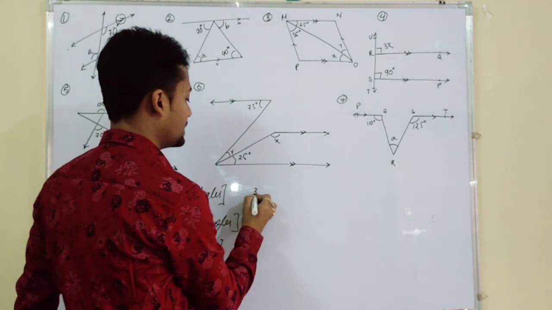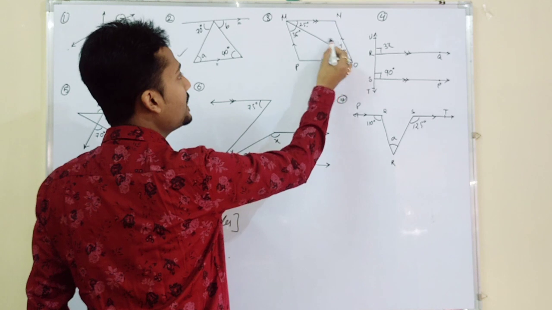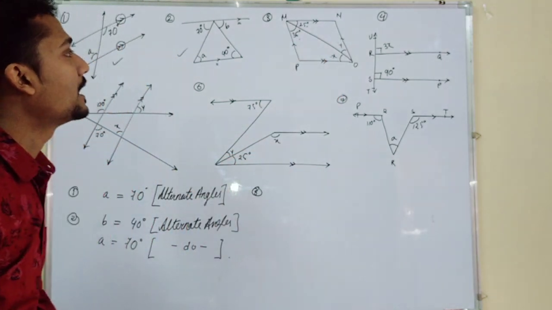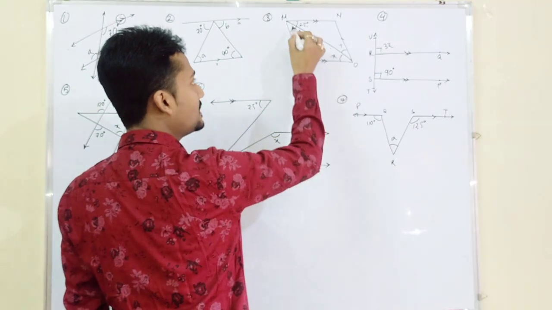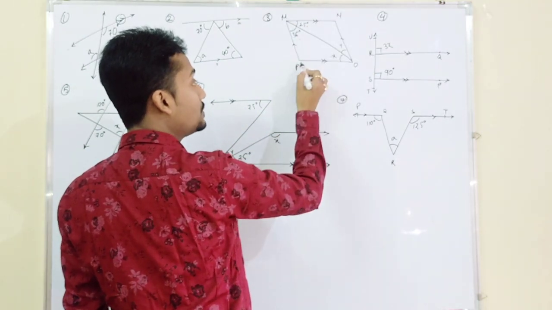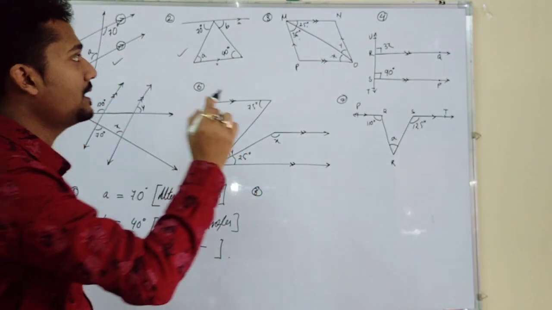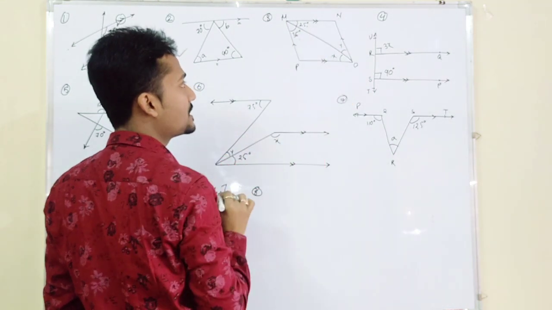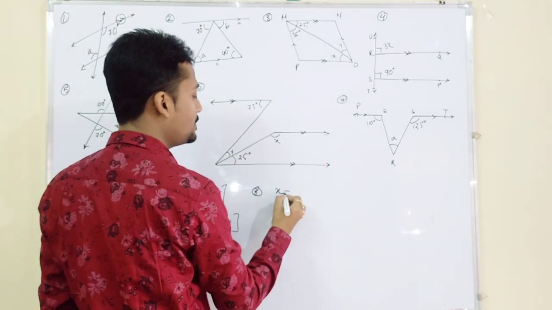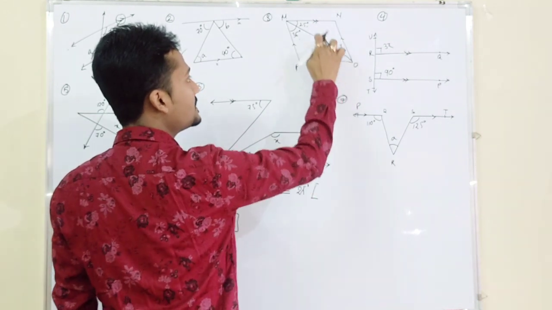Now question number 3. See, this is 25 and this is x. This is y and this is 35. So here in this figure MNOP, we can clearly see that MN is parallel to PO and MO is the transversal. Then x will be equal to 25 degree. Reason? Alternate angles, isn't it?